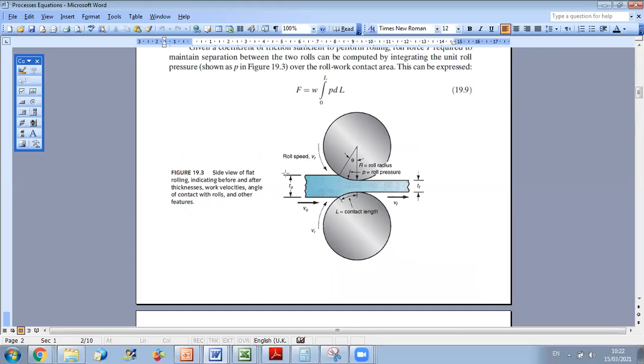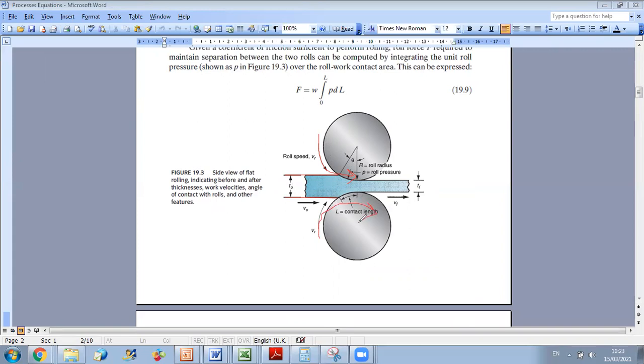You have a certain rectangular plate of initial thickness T0, and you wish to reduce this thickness. So you pass it through this gap between two rolls. Now the rolls are rotating at opposite angular velocities. As you can see here, you have this roll rotating in the counterclockwise direction, and this roll rotating in the clockwise direction.